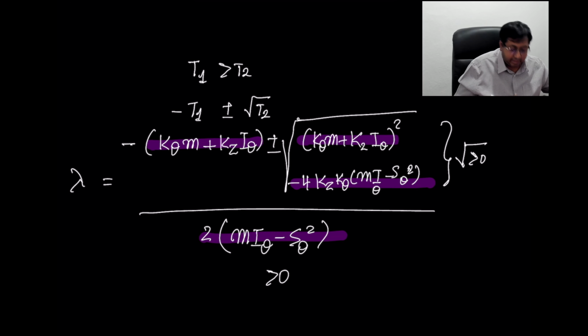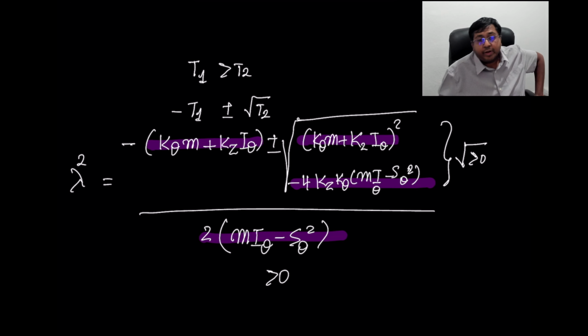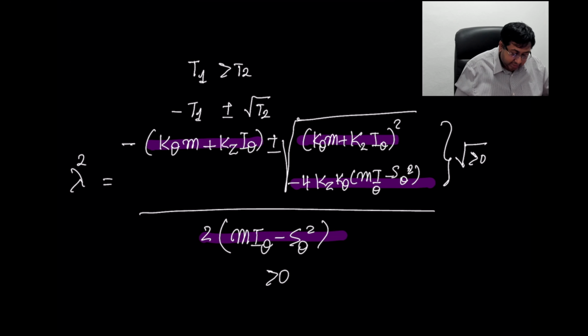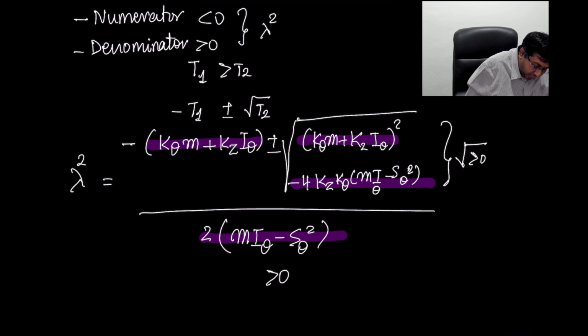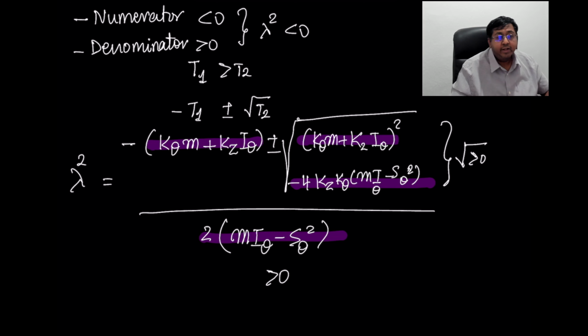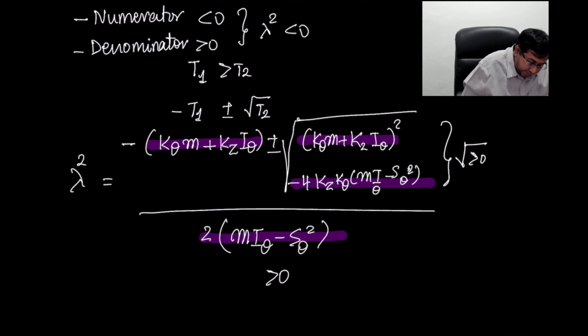Sorry, this was lambda square. That means the numerator is always less than 0. Denominator is always greater than 0. Which implies lambda square is always less than 0, which implies lambda is imaginary.